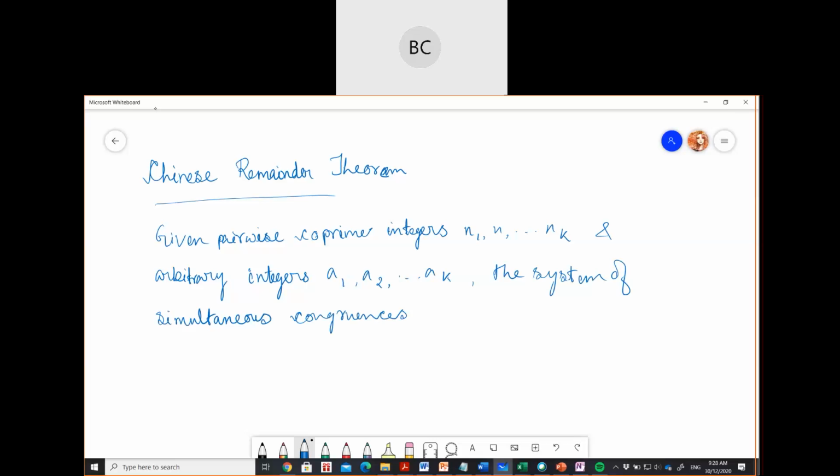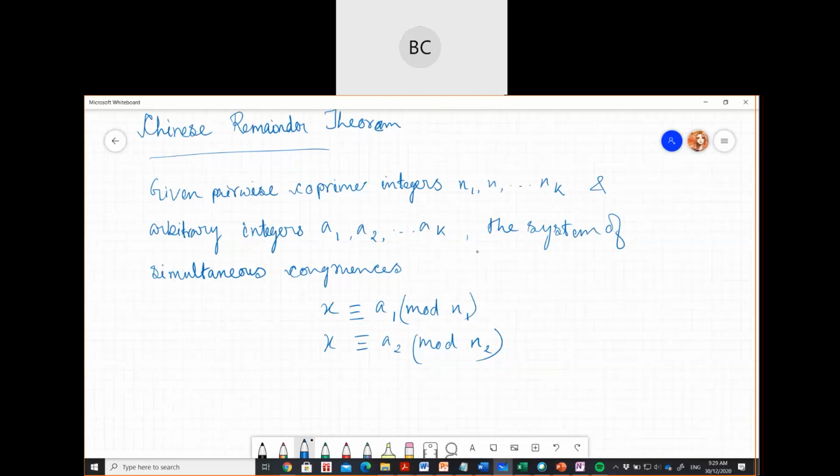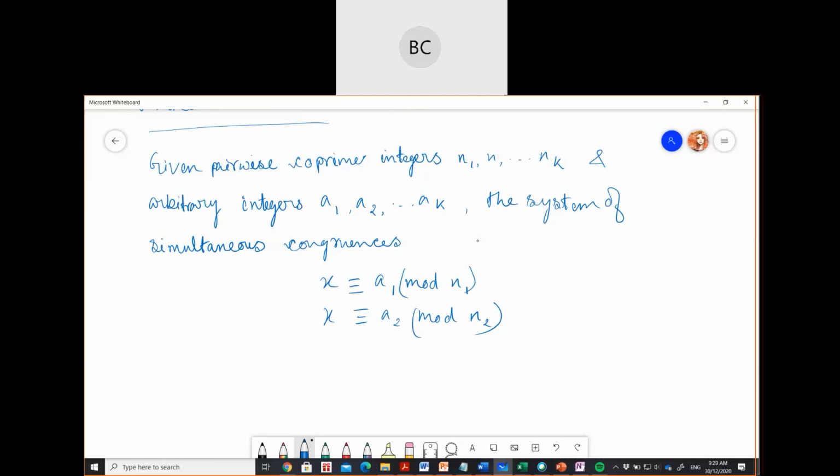components of n1, x is n2, suppose x is congruent to ak mod nk.